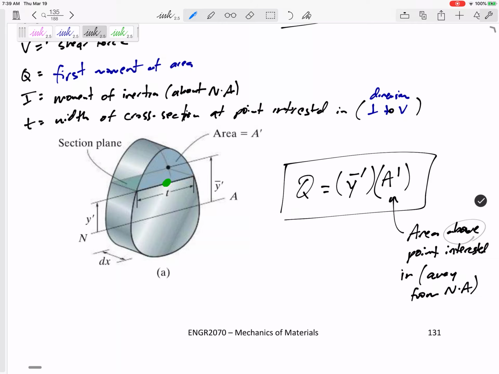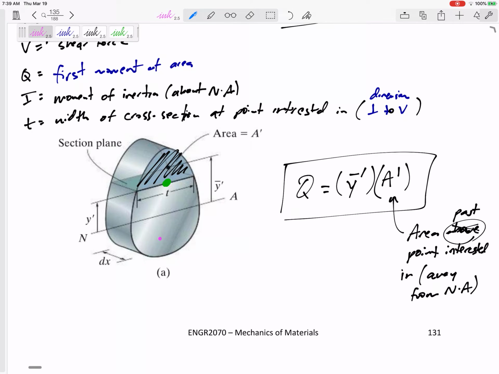So actually it's not always above the point, but it is the area past the point you're interested in and away from the neutral axis. So for instance, if I'm interested in that green point, then my A prime inside of my Q is going to be the area away from the neutral axis from that point.